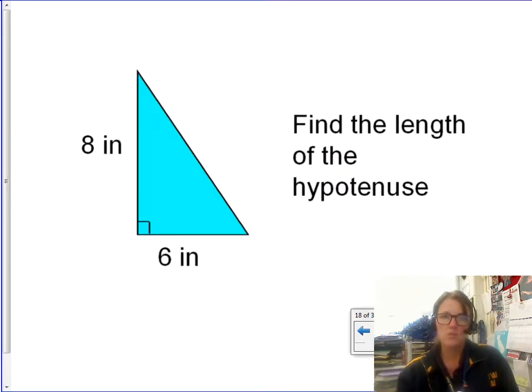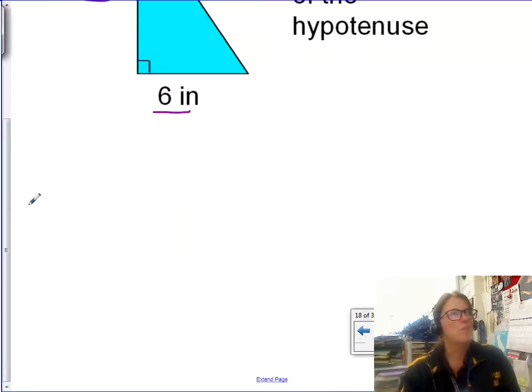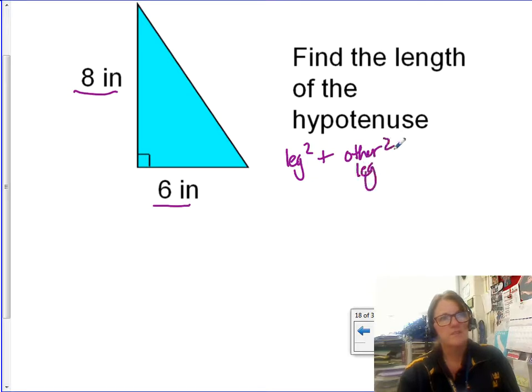Okay, here's a right triangle. It's lovely. I'm telling you that this side is 8. That's one of the legs. This side is 6. That's another one of the legs. Find the hypotenuse. Well, my Pythagorean theorem says this: leg squared plus other leg squared has to equal my hypotenuse squared, whatever that length is.